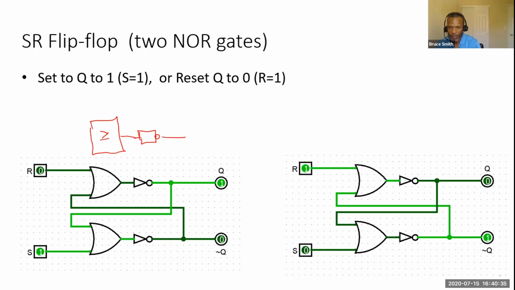And so we can build the same circuit that we see here using different gate symbols. So let's talk about what we're looking at, and then let's maybe do a demo in Logisim.